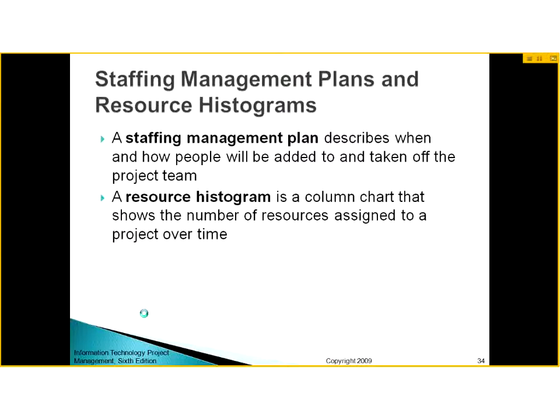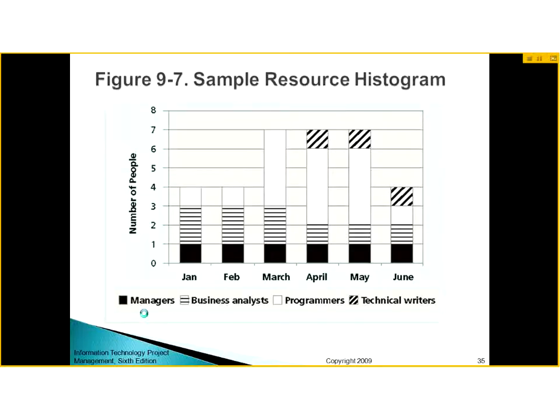It is not necessary that you make a project team and the same team or the same structure will go till the end of the project. You can change your team construction during the execution of the project as well. You can make and break teams during the execution, or you can use different people as you think suitable. The resource histogram is a column chart that shows the number of resources assigned to a project over time. Now let's see the sample resource histogram.